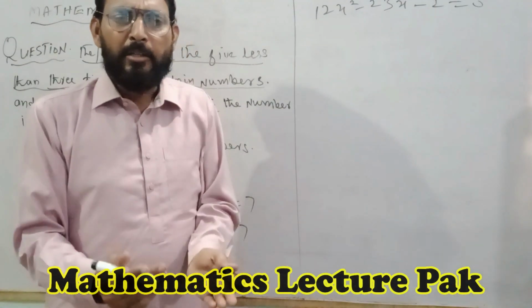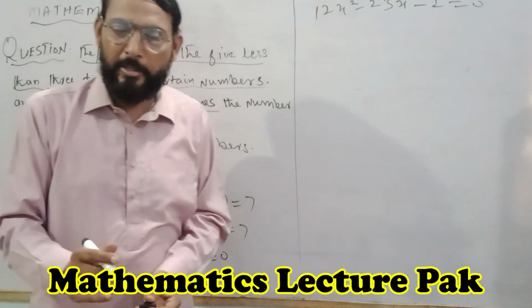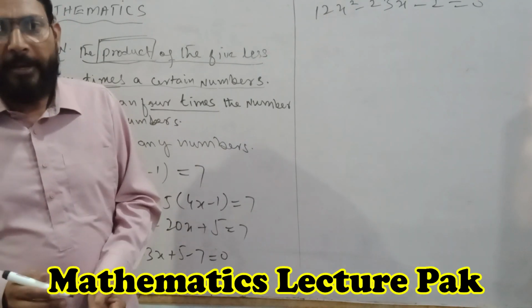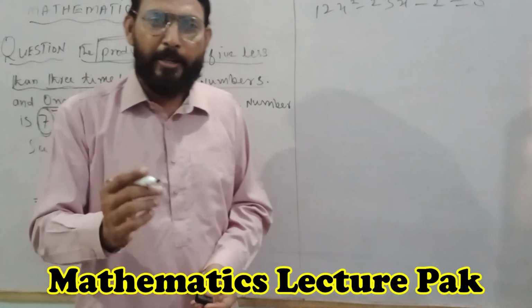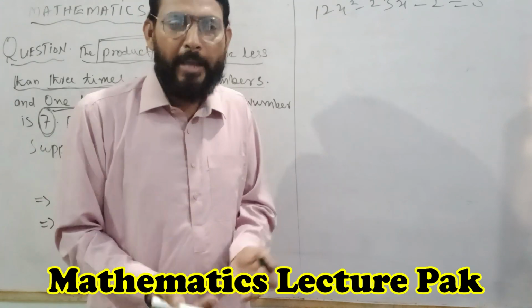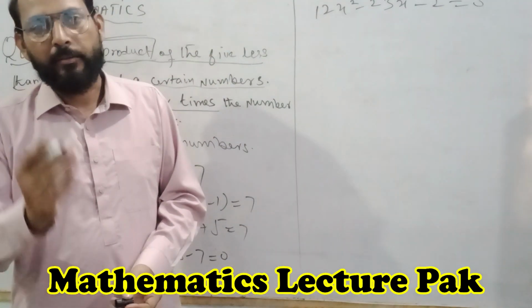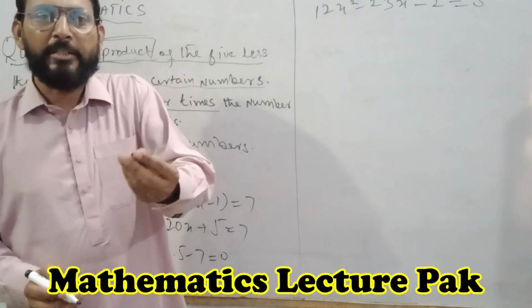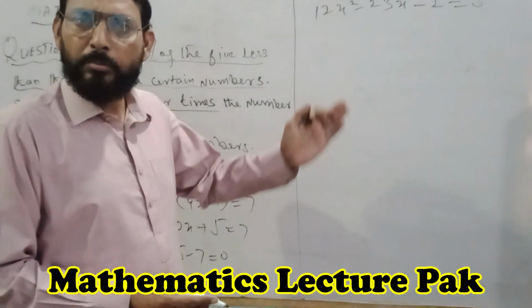You know the process of solving the quadratic equation from the last chapter, chapter number 1, quadratic equations. We solve the quadratic equation by 3 methods. I can repeat: first by factorization method, secondly using the quadratic formula, and third using completing the square. Okay, so first of all we try factorization.